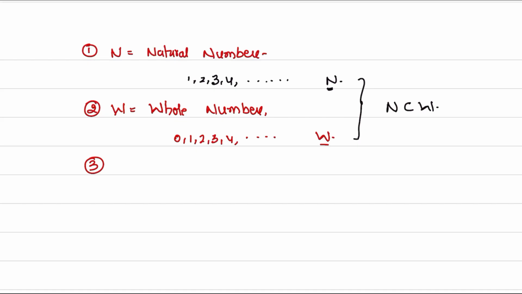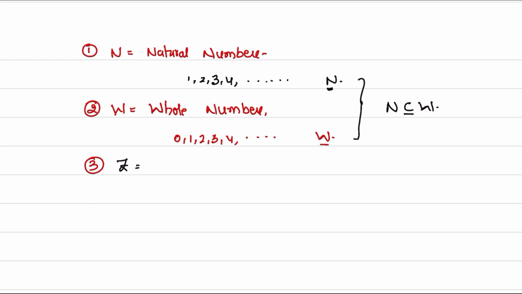Similarly, next in the order is Z. N is the subset of W. Now, what about Z? Z is integers.